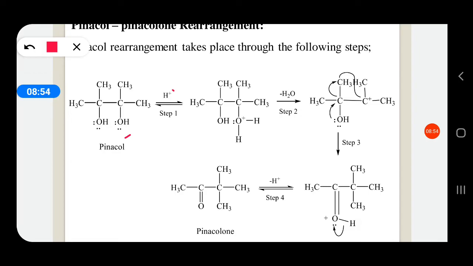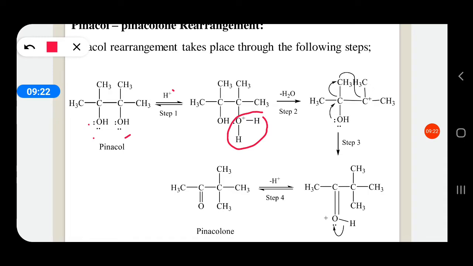The oxygen in both OH groups has two lone pairs of electrons, and one of the OH groups is protonated. For this new OH bond, a lone pair of electrons is used. Therefore, oxygen gets a positive charge.